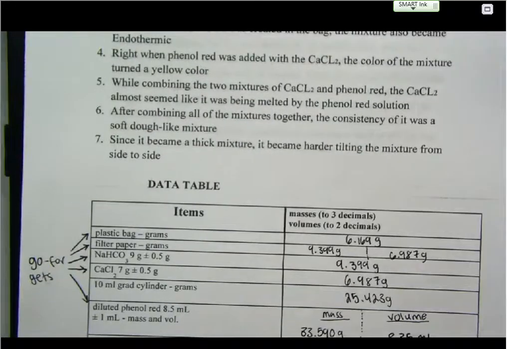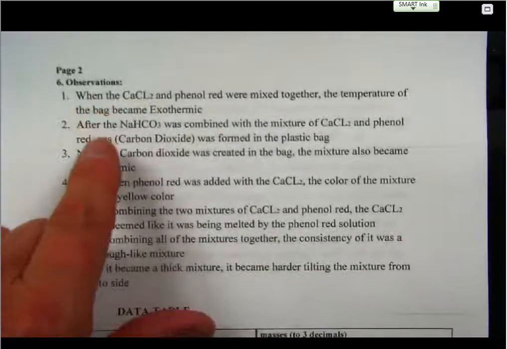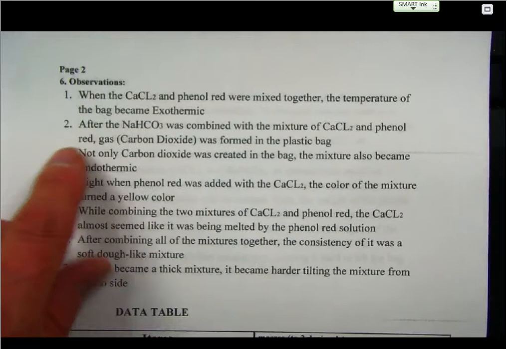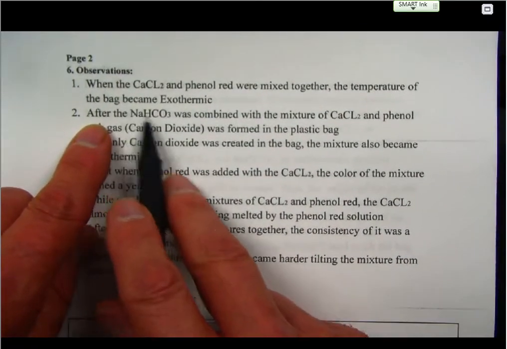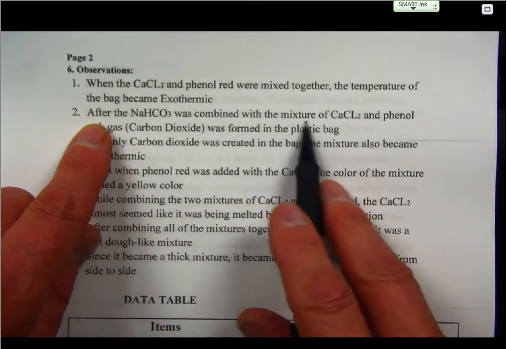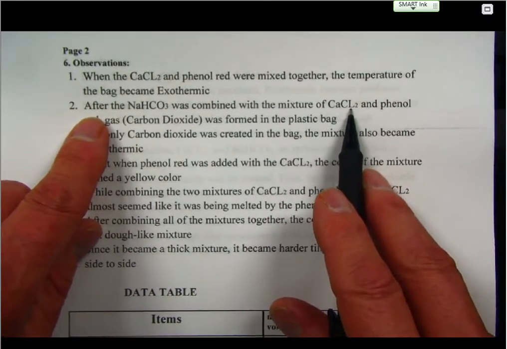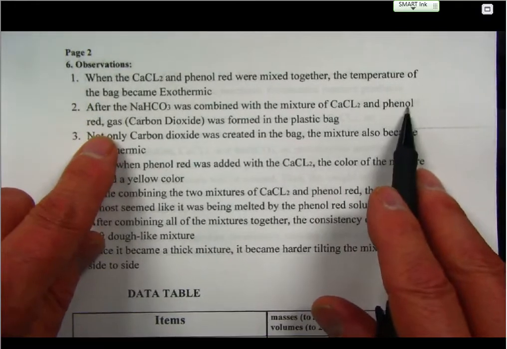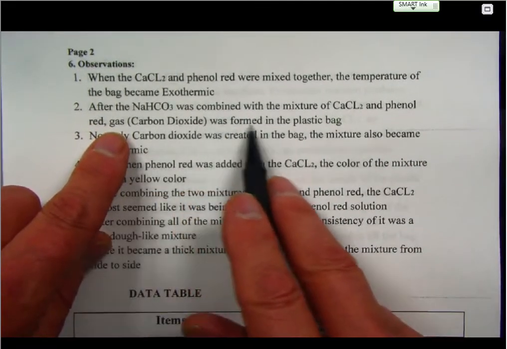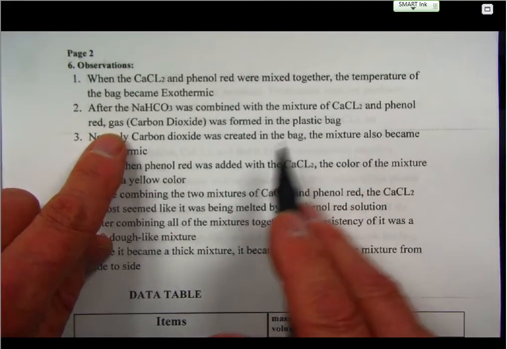That would be a conclusion, you see. This is data. So, after the sodium bicarbonate was combined with the mixture, you're consistent, capital L, of calcium chloride and phenol red, gas, carbon dioxide, was formed in the plastic bag.